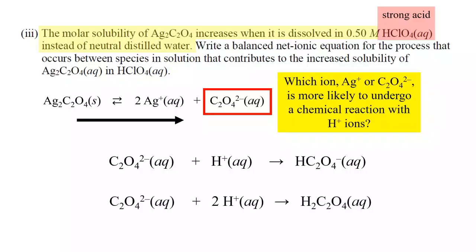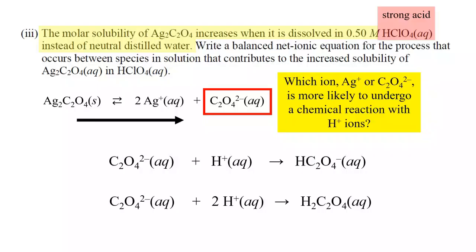That would actually be called oxalic acid. But either of these reactions would be acceptable, because anything you can do to react with the oxalate ion in some way would decrease the concentration of oxalate, causing Qsp to become less than Ksp, and again, that would contribute to the increased solubility of silver oxalate in the presence of a strong acid.